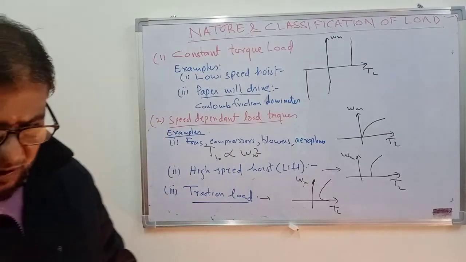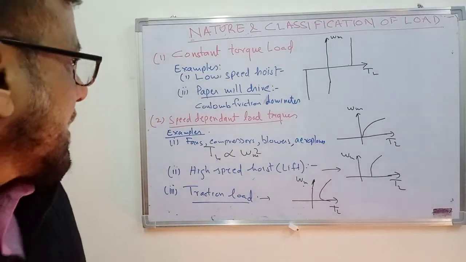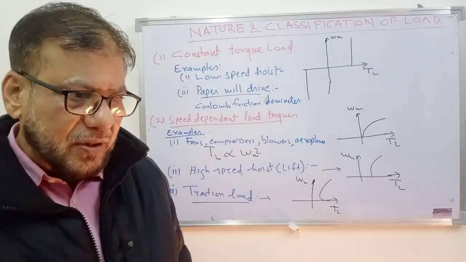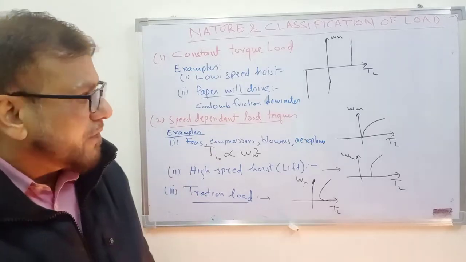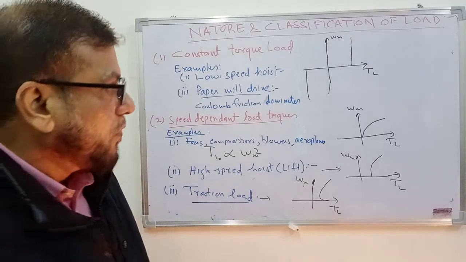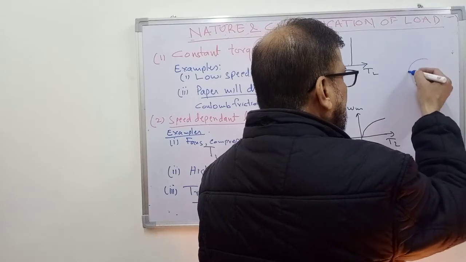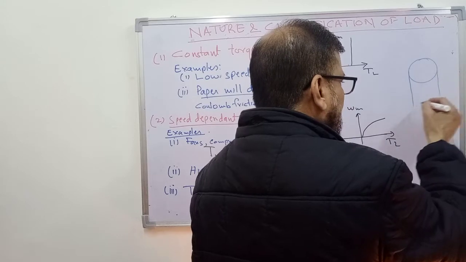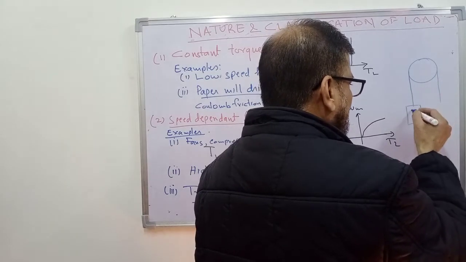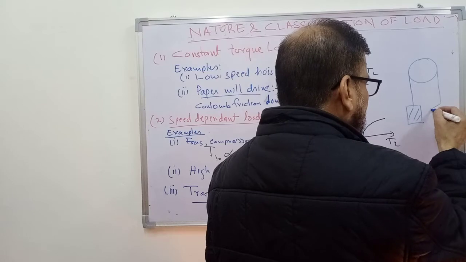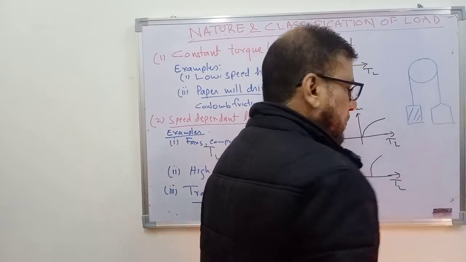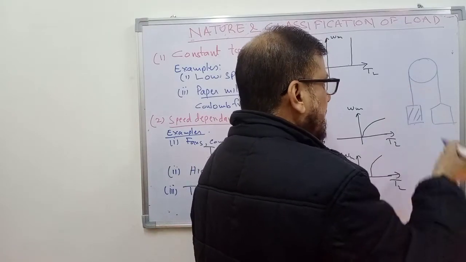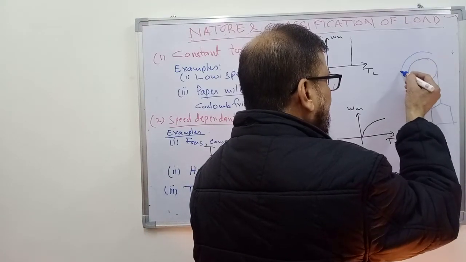Constant torque load, for example the low speed hoist. We discussed earlier the case of a lift or a hoist where the load torque was because of the acceleration due to gravity. On the drum or pulley, on one side we had the counterweight, on the other side some cage was there. Suppose the cage is empty, the weight of the counterweight is more than the weight of the cage, so the net torque is acting downward.